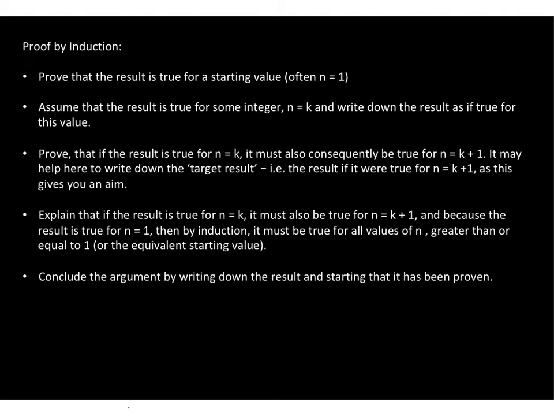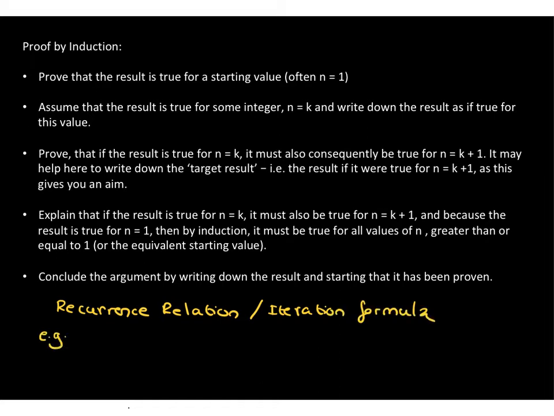So just a reminder as to what a recurrence relation is, in case anyone has forgotten. It's sometimes also called an iteration formula. So, for instance, an iteration formula might be something like u_(n+1) equals 2u_n plus 5.